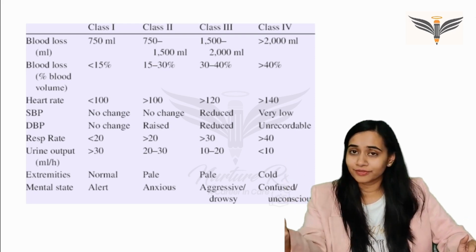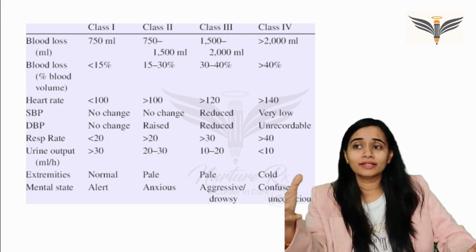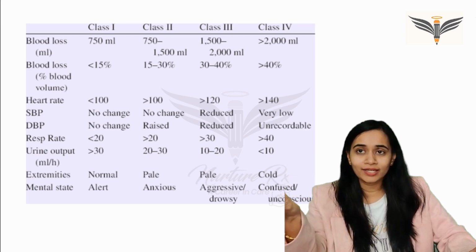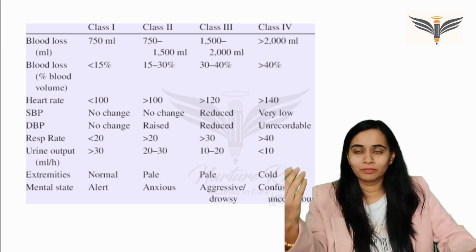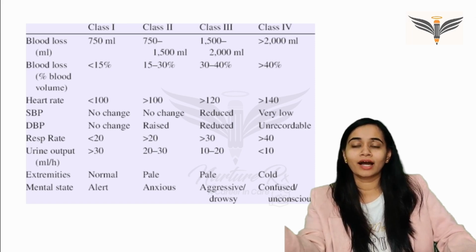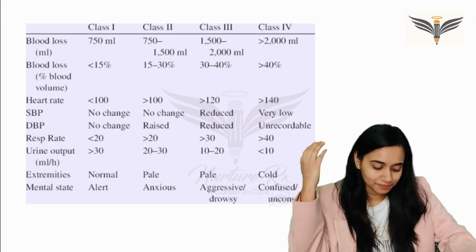But if it is class 4, grade 4 shock, then the patient is in a critical condition and you have to take utmost care of the patient and accordingly manage the patient with fluids, with blood, with whatever. Sometimes the patient may also need inotropes. So let's see how we will determine the grades of shock.